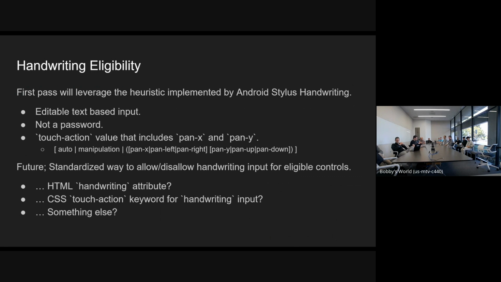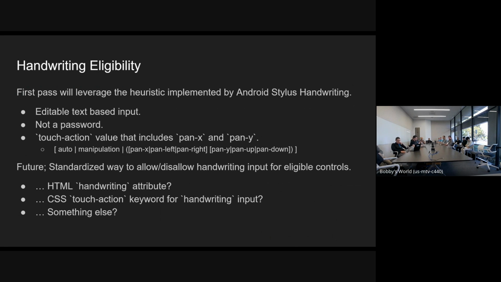So for eligibility, we're planning to reuse much of the work that was already done for Android stylus writing. So basically it needs to be an editable text field. It cannot be a password. And in the initial implementation, it needs to have the touch action or panning both horizontally and vertically.